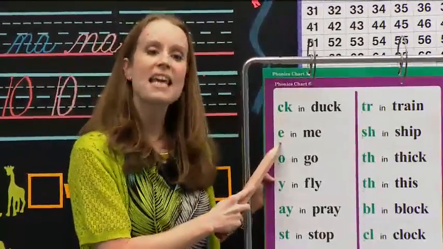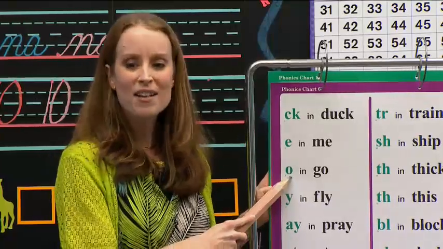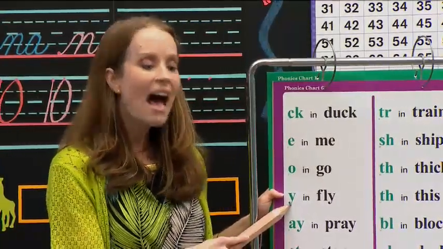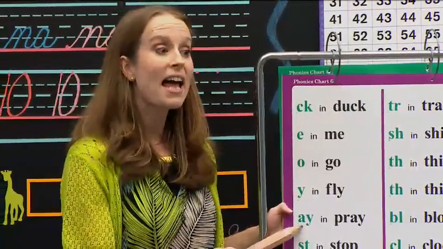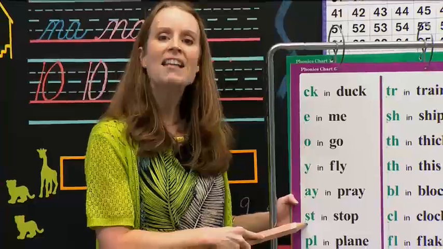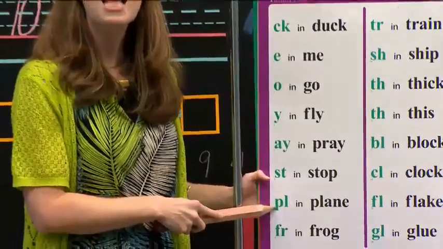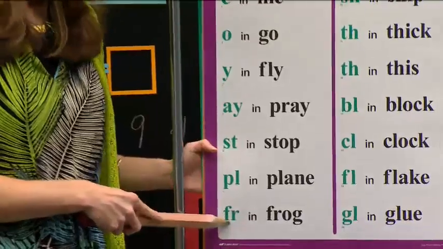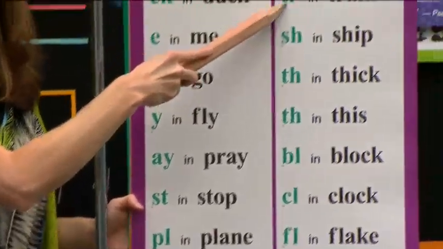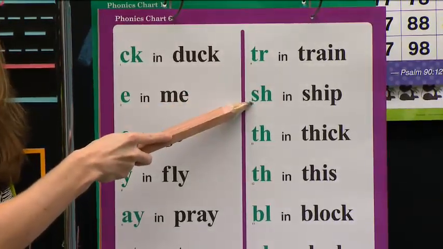Good. E in me, E. E. O in go, O. O. I in fly, Y. I. A in play, A-Y. A. Pl in play, P-L. Pl. Fr in frog, F-R. Fr. Tr in train, T-R. Tr. Sh in ship, S-H.